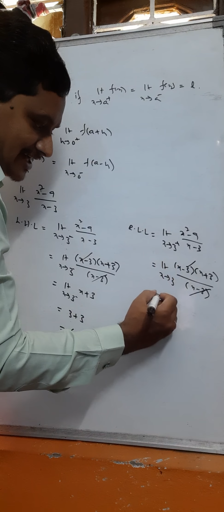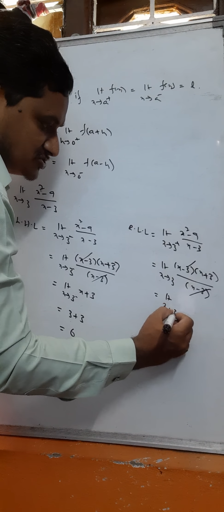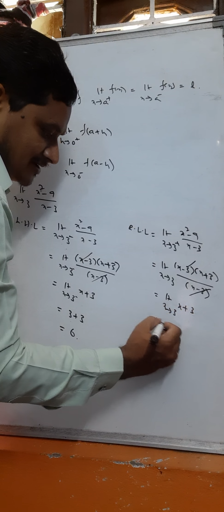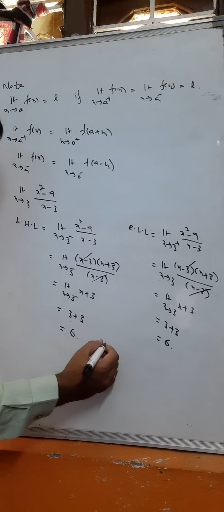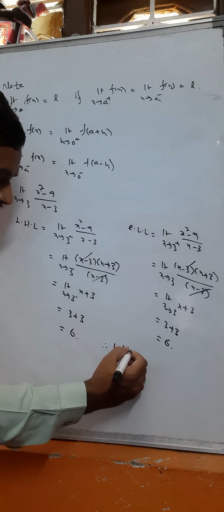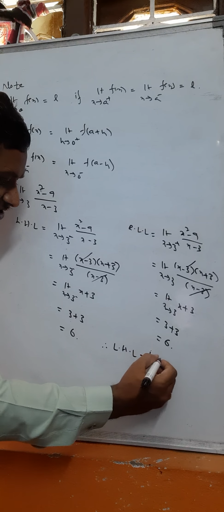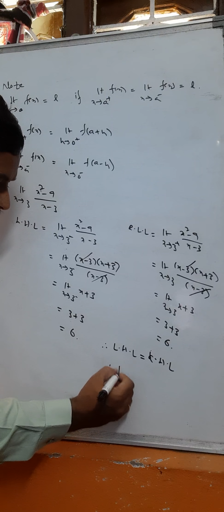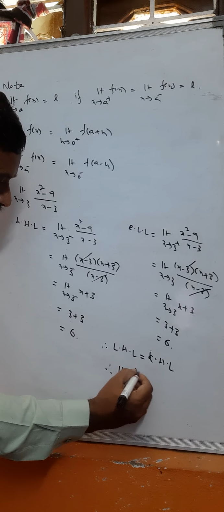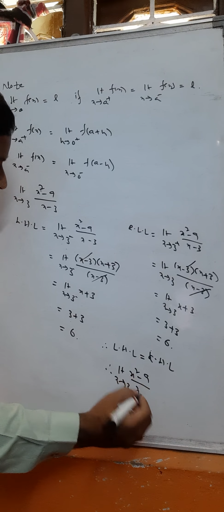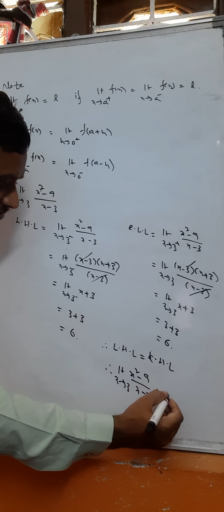These both will get cancelled, that is limit x tends to 3 of x plus 3, 3 plus 3 means 6. Therefore LHL is equal to RHL. So therefore limit x tends to 3 of x square minus 9 by x minus 3 is equal to 6.